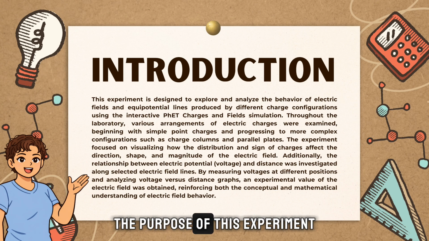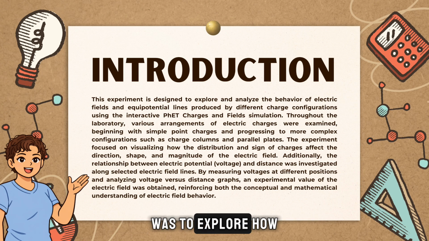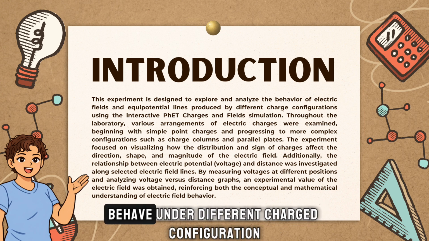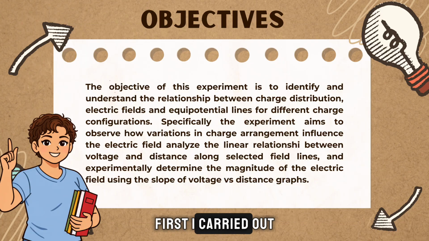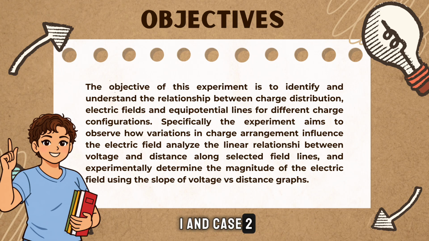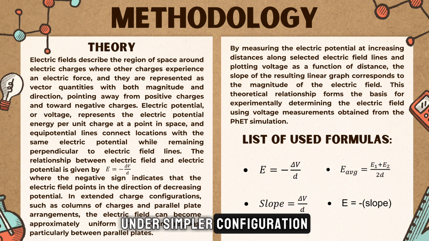The purpose of this experiment was to explore how electric fields and equipotential lines behave under different charge configurations. First, I carried out practice activities using case 1 and case 2 in order to become familiar with the behavior of electric field vectors and equipotential lines under simpler configurations.